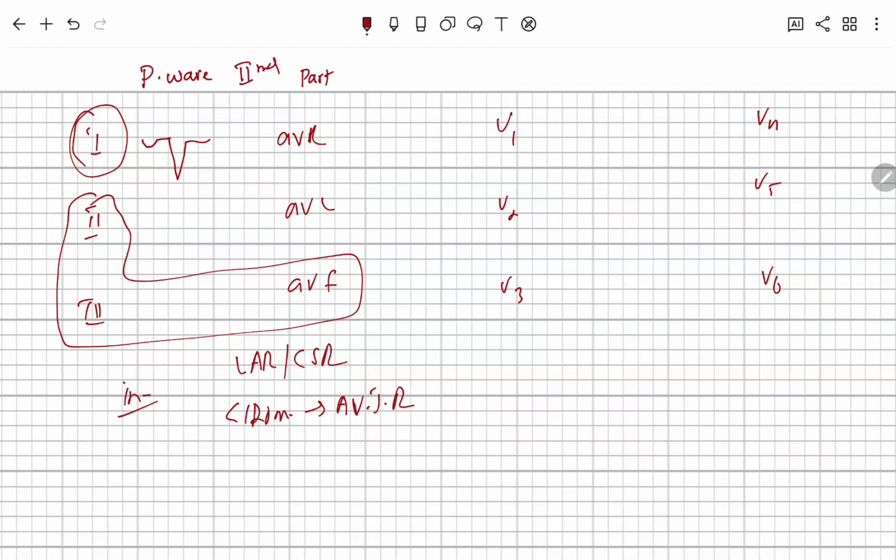So we have to check AVR. The next step is to check the AVR.